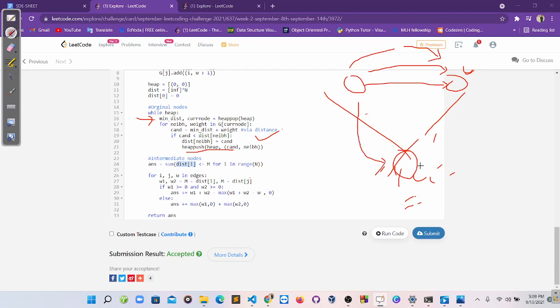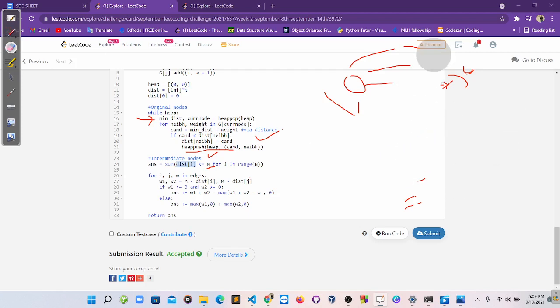Now m is the maximum moves we can take. From this node to this node, if the distance we calculated is less than or equal to the maximum moves we can take, then we can say that all this can be explored.